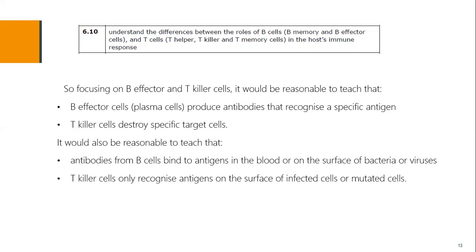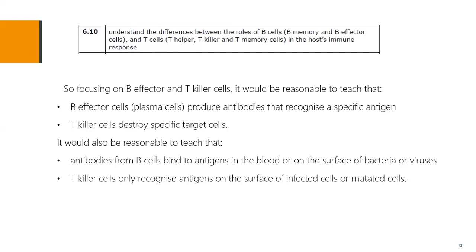So if we look at this specification point from topic 6, you can see straight away, because this is topic 6, so it's part of the IA2, it is more complex. It's looking at more detailed biological information.